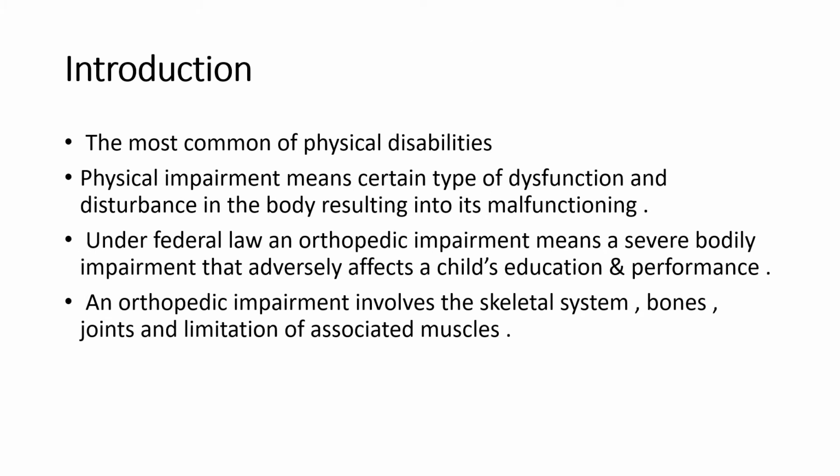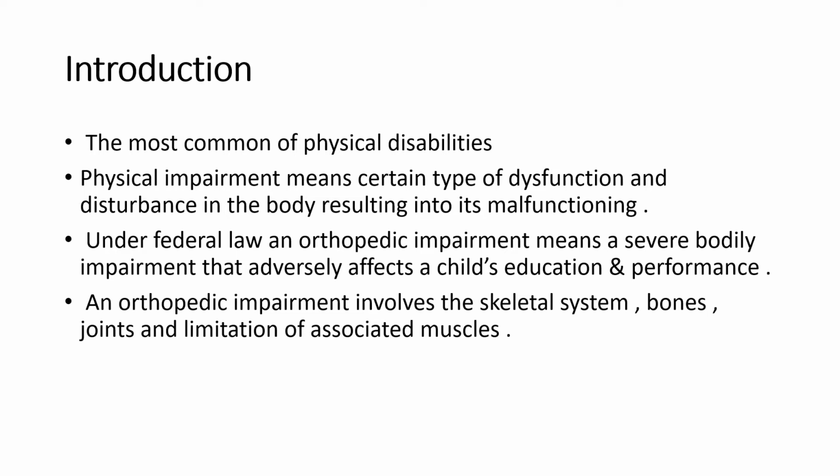Orthopedic impairment is the most common of physical disabilities. Physical impairment means certain types of dysfunction and disturbance in the body resulting in its malfunctioning. Under federal law, an orthopedic impairment means a severe bodily impairment that adversely affects a child's education and performance.